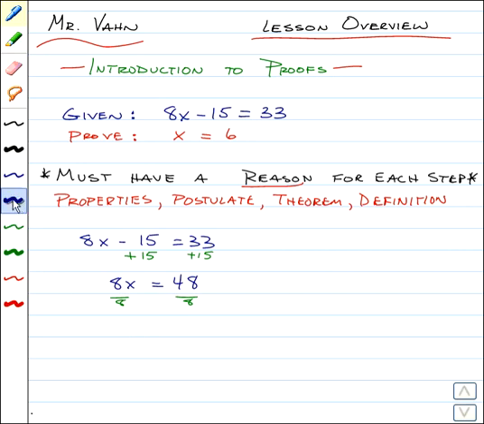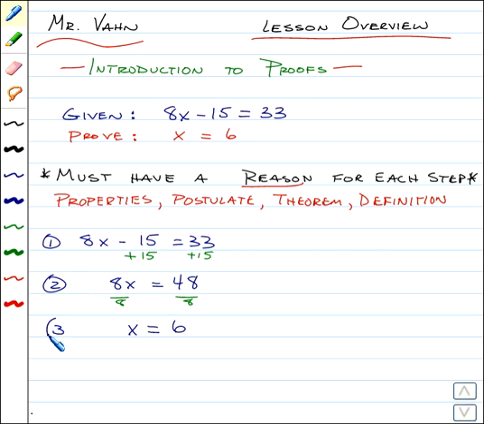When we do that, we get our third equation that says x is equal to 6. And there we've done it. We've got our proof. We've got three different equations that we wrote.